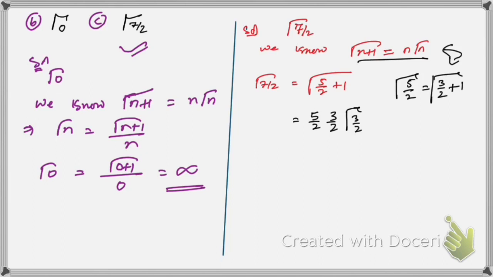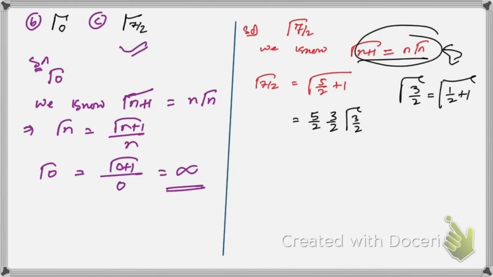Now again, if you take gamma of 3/2, you see 3/2 can be written as half plus 1, right? So gamma of 3/2 can be written as gamma of half plus 1. Again, if you apply this same formula here, that's going to be half gamma of half, right? So we can replace this gamma 3/2 by half gamma half, right?